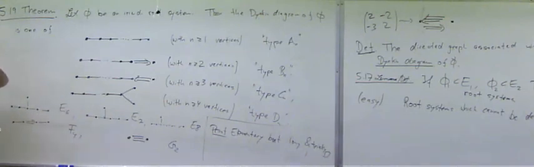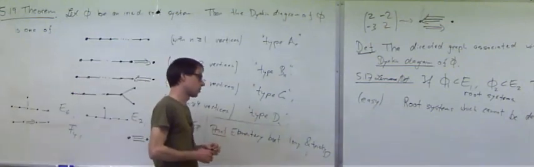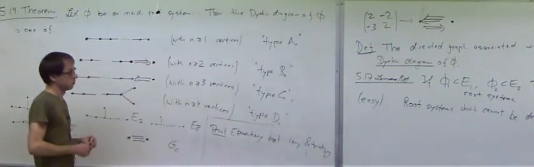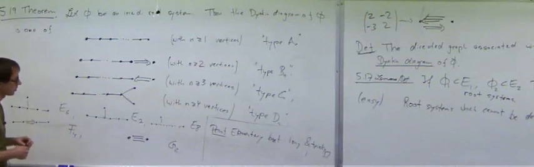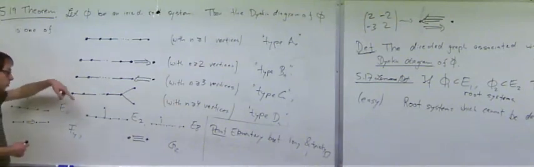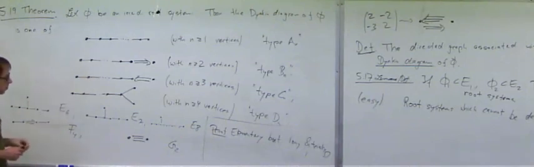So arbitrary semi-simple algebras are classified by formal combinations of these Dynkin diagrams, where each Dynkin diagram can occur with an arbitrary multiplicity.